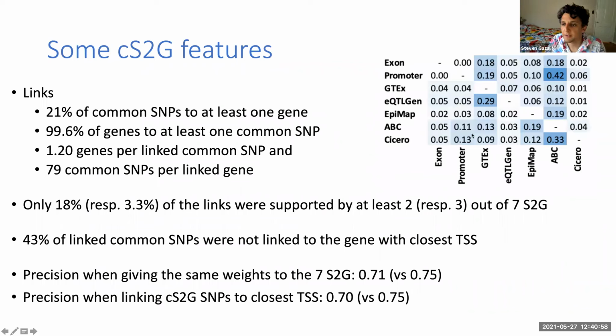The way to read that is, let's pick this number: 19% of promoters are validated by GTEx, and 4% of GTEx links are promoters. I got you, that makes a lot more sense. Sorry for that.